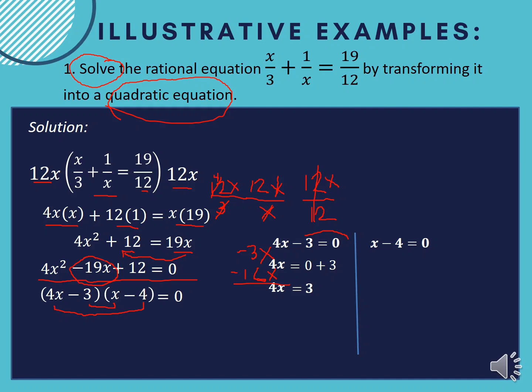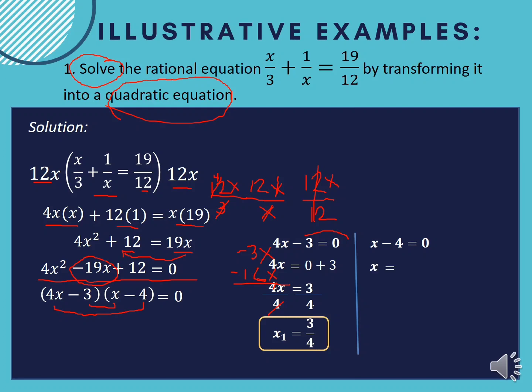And then, 4x is equal to 3. Then, in order to find the value of x, we need to divide both sides by 4. Makakancel po natin si 4. Ang nangyari po ay x is equal to 3 over 4. So, this will be our x sub 1.